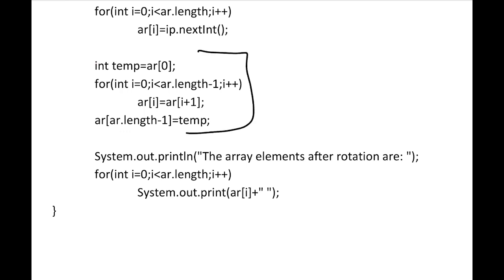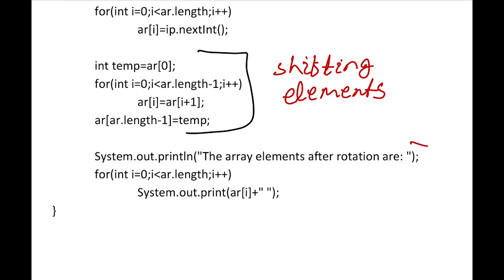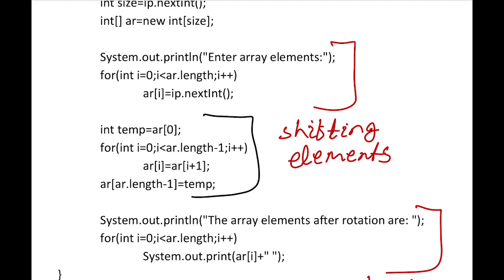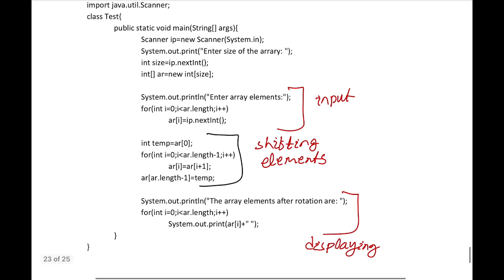So you can observe this part is for shifting elements, and this part is for displaying the array, and here it is for input. So this is the complete program, you can see.